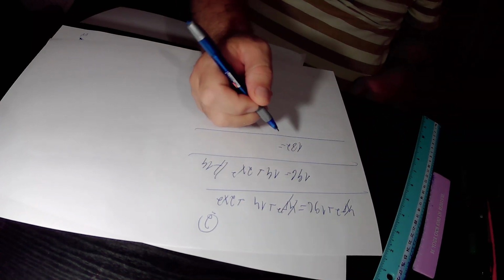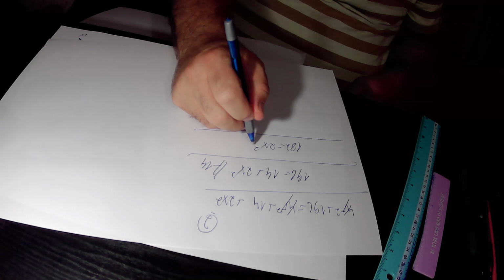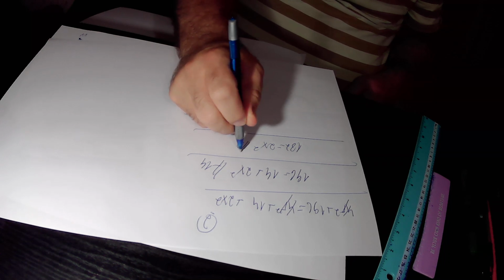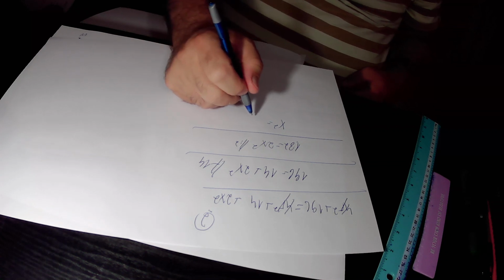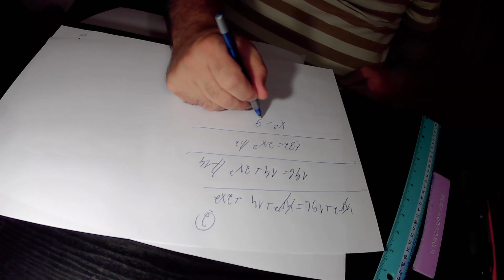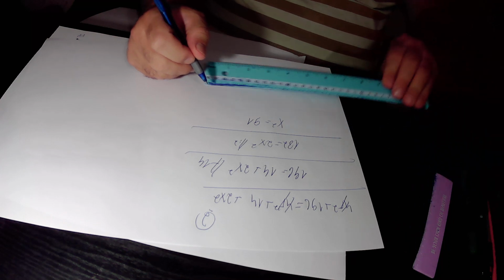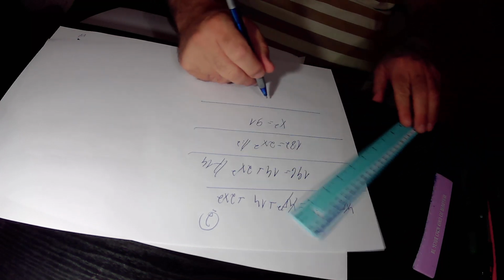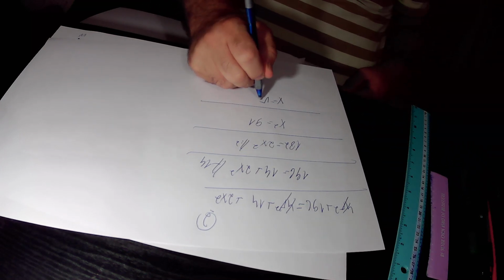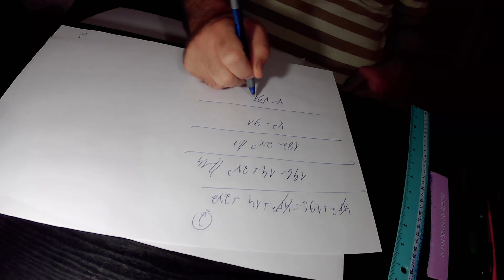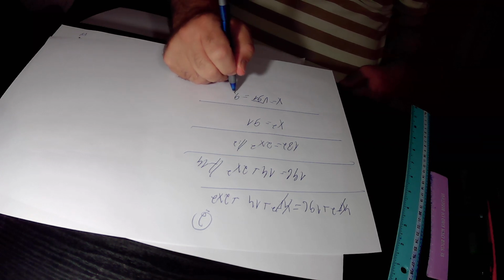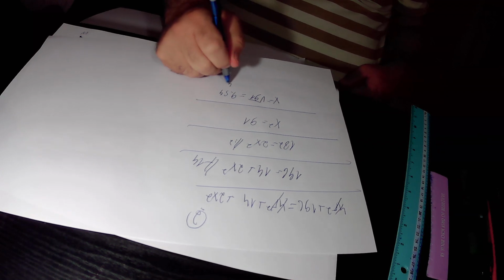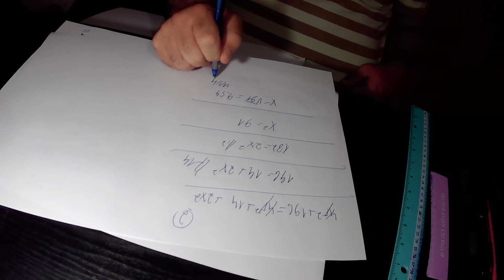So 182 equals 2x squared. Here we divide this equation by 2 and we get that x squared equals 182 over 2, which is 91. So here we take a root of this equation and we get that x equals the square root of 91, which in terms of numbers is 9.54 units.